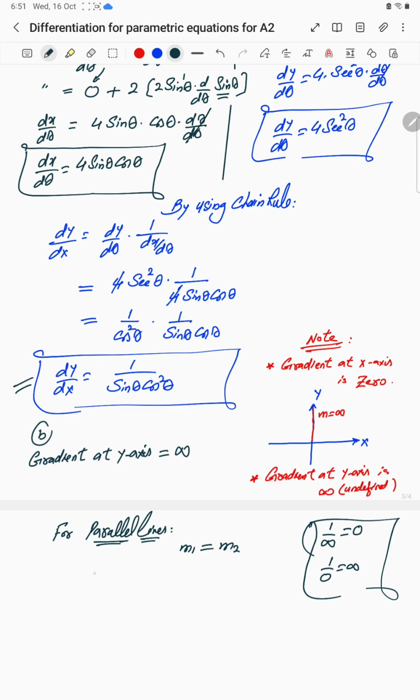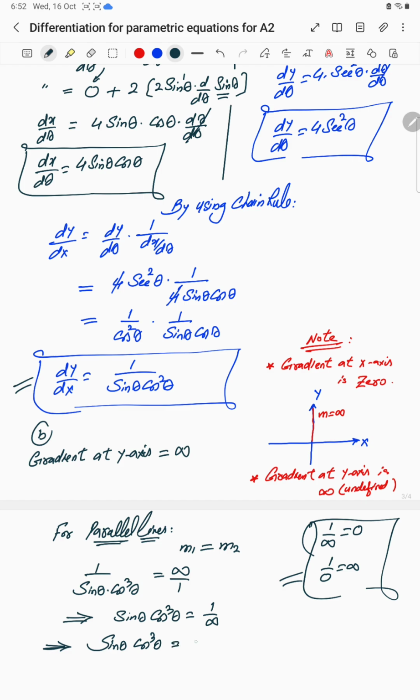So we can say 1 over sine theta cos cube theta is equal to undefined. Flip the equation: sine theta cos cube theta becomes 1 over infinity, and that is 0. So we can say sine theta cos cube theta is equal to 0.